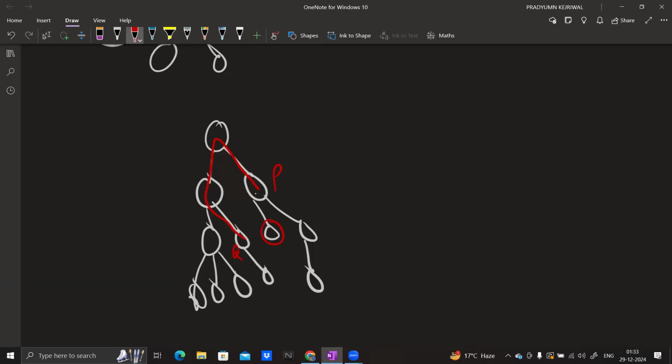But let's say this was not a leaf. If there was another node here, then this is not a leaf. So what would Nora do? Nora would pull it either here or here. Let's say she pulls it here. So the caterpillar looks like this. Now Aaron has to pull.